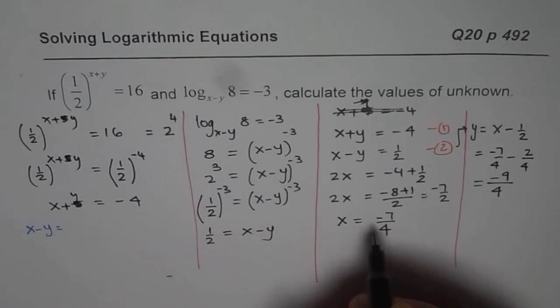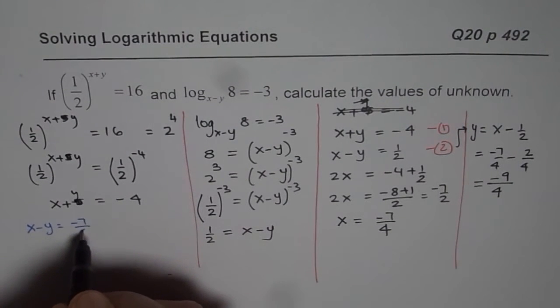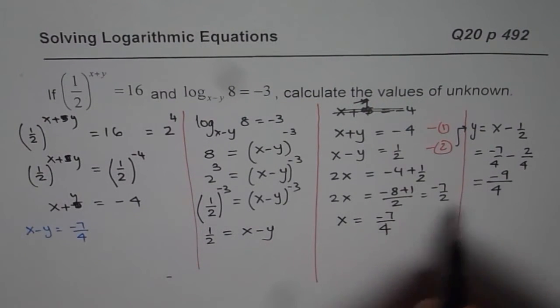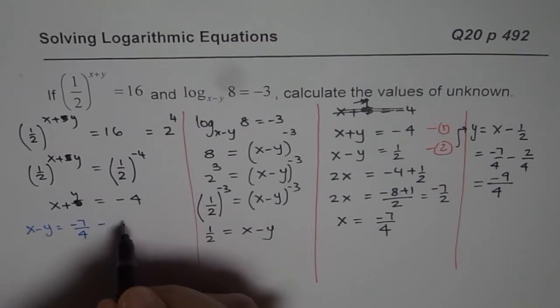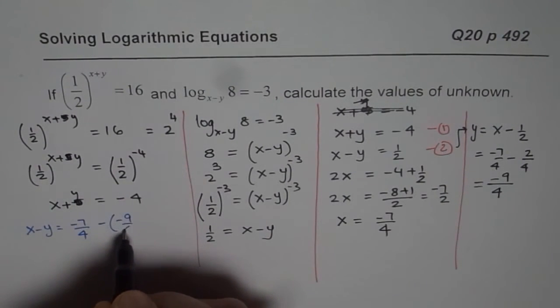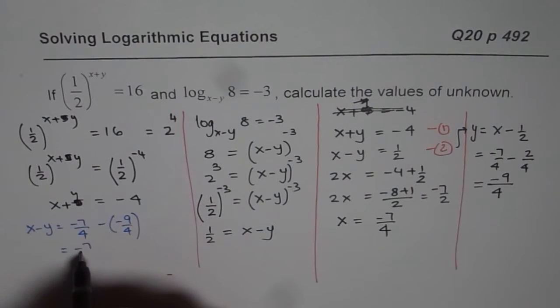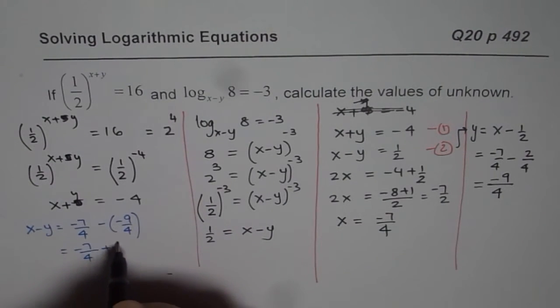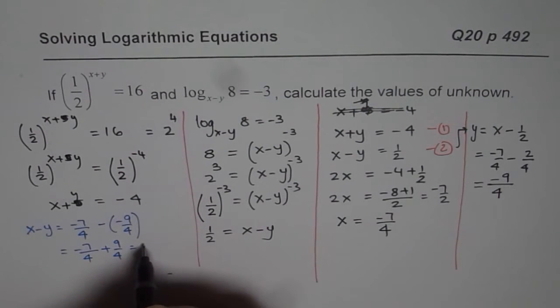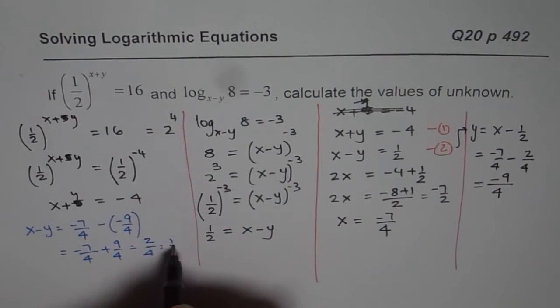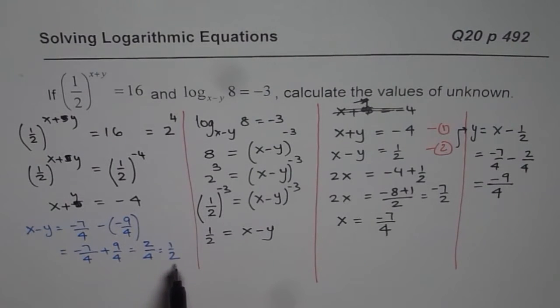For us, x is minus 7 over 4, and y is minus 9 over 4. So when you do this, you get minus 7 over 4 plus 9 over 4, and that is indeed 2 over 4, or half. So that is fine, correct?